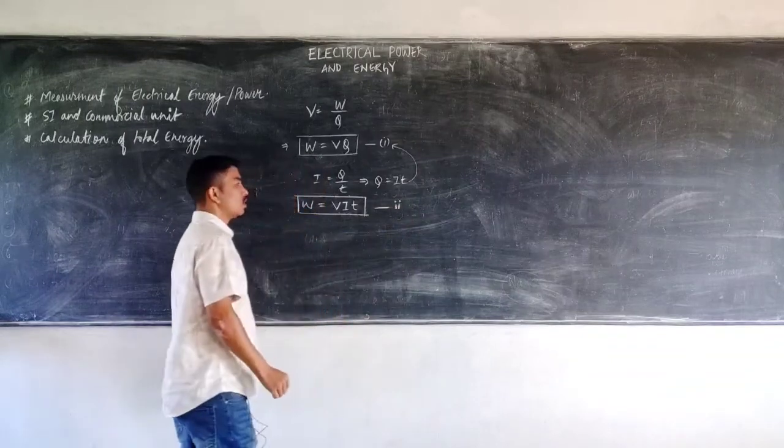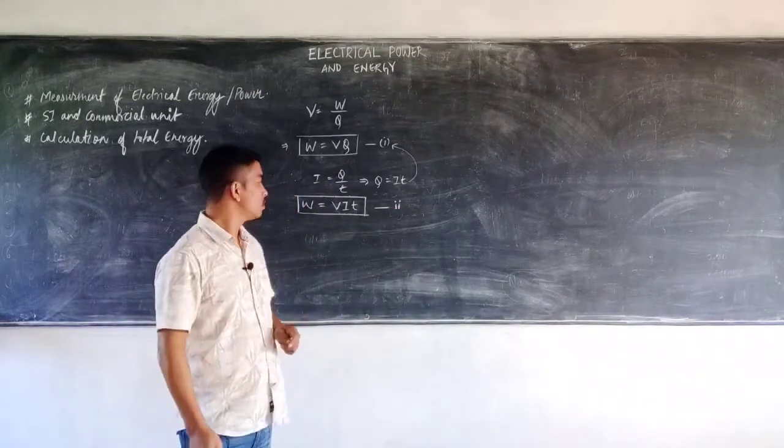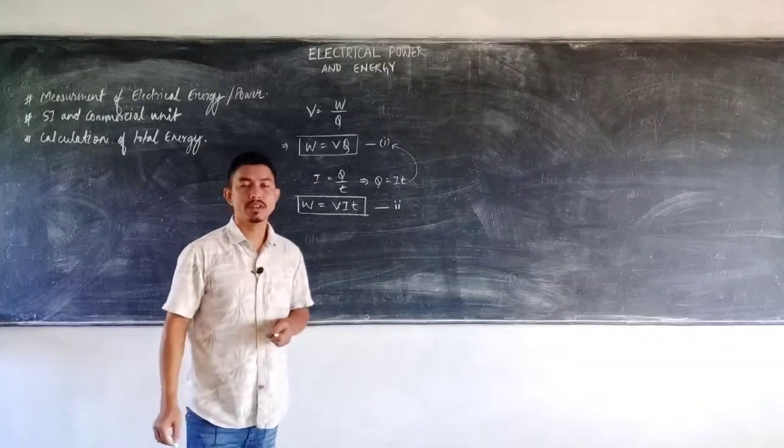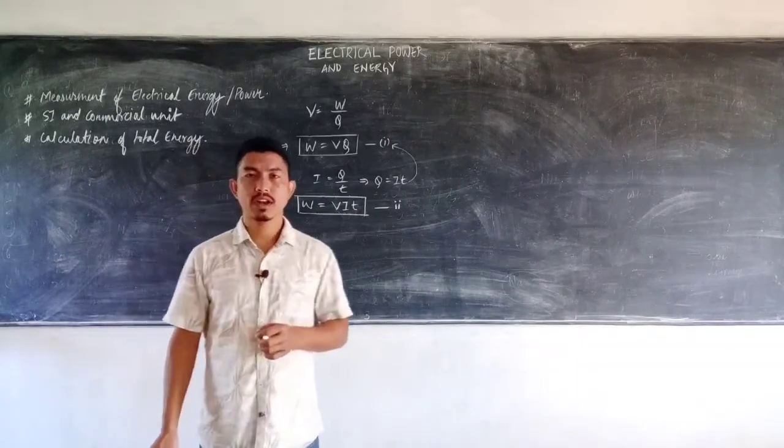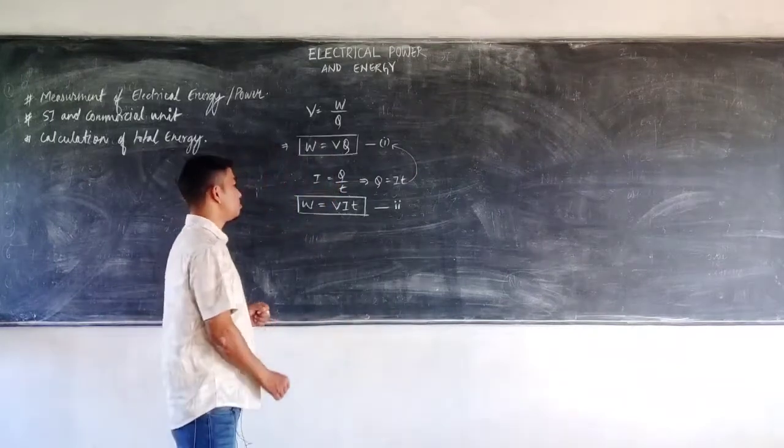Now apart from these two standard forms, there are other forms of equation to measure the electrical energy or the work done by the electrical energy. So how do we obtain that?